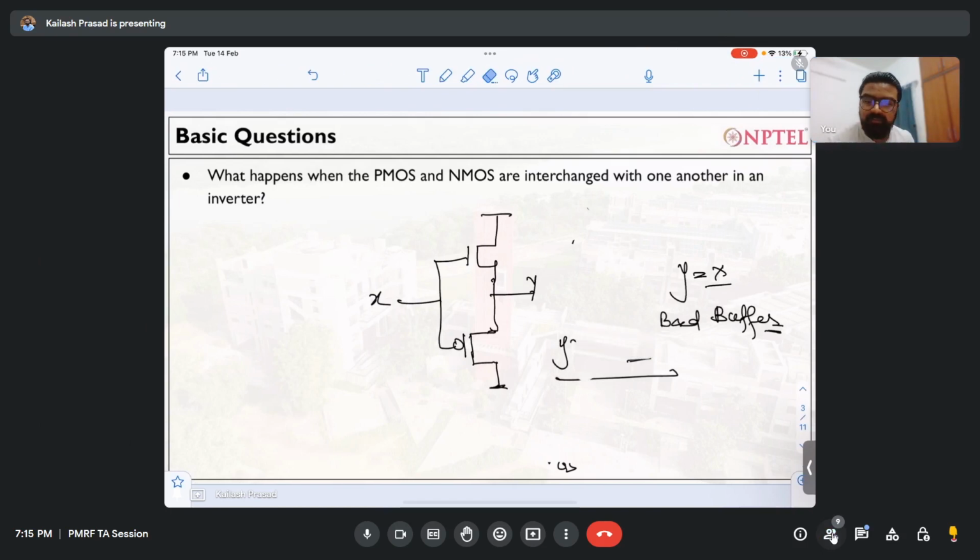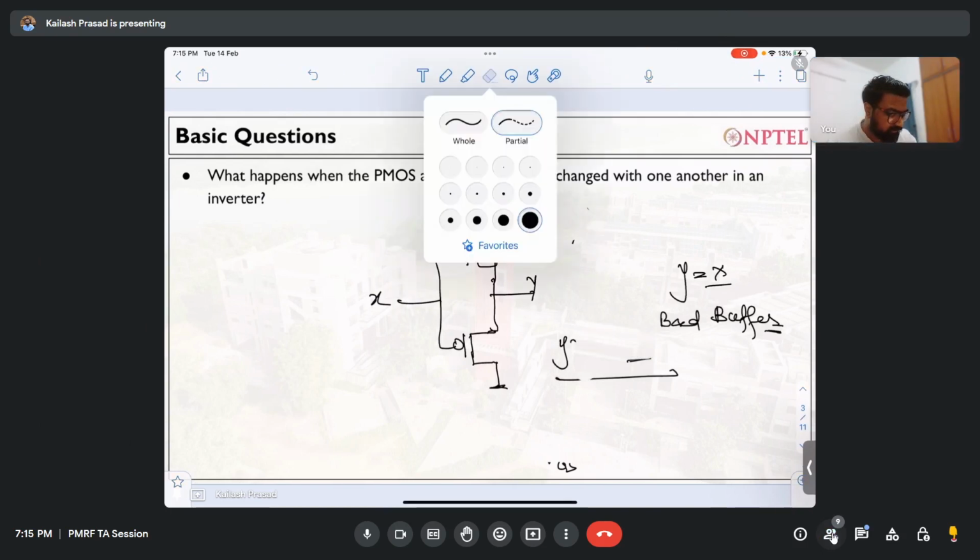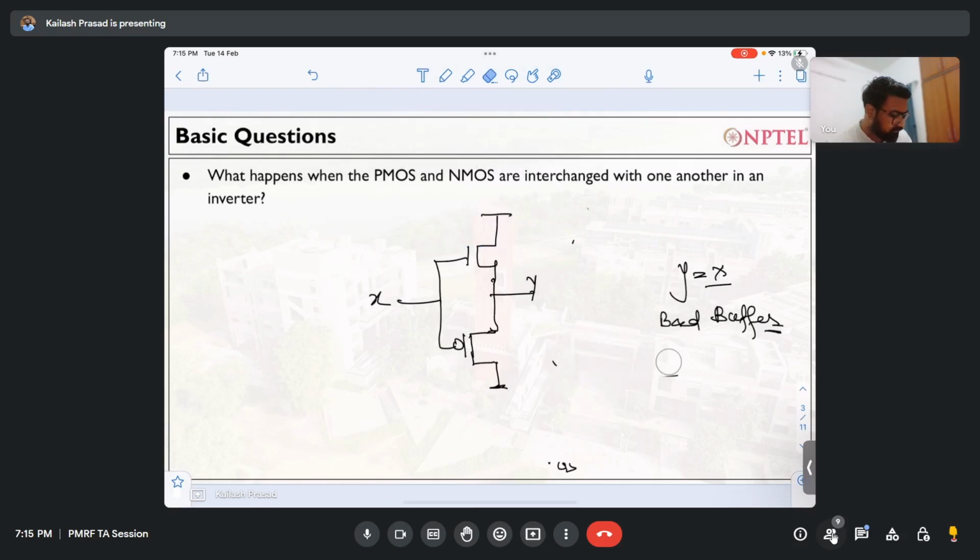When Vin is 0, the Vout may not decrease beyond the threshold, around 0.3 volt. That means the output does not reach the rail-to-rail voltage. If the input is 5 volt, the output we get is around 4.7 volt.